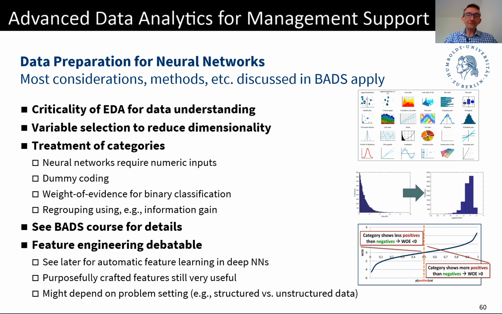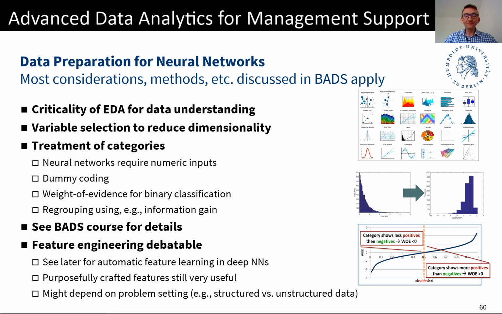Feature engineering is normally regarded the gold discipline, the most important step in data preparation, creating meaningful features, drawing on all your domain expertise. In deep learning, this is a little bit debatable. Do we really need feature engineering?